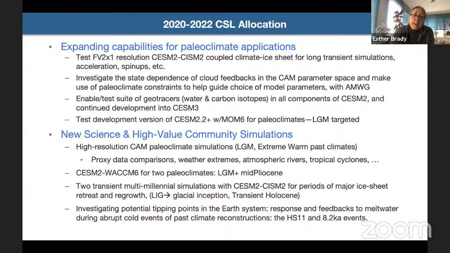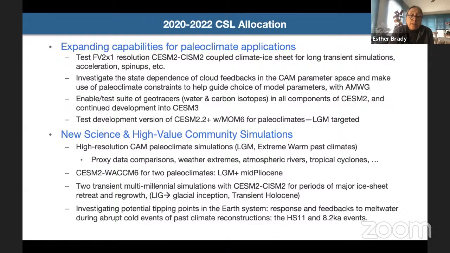And then for new science and to provide some high value community simulations, we have a large amount of computer time devoted to some high resolution CAM paleoclimate simulations. This was something that we heard last summer that the community was interested in having available. And we feel it's time for this.